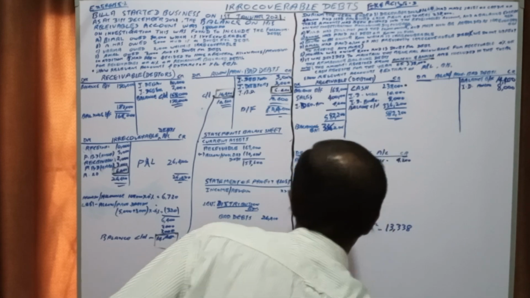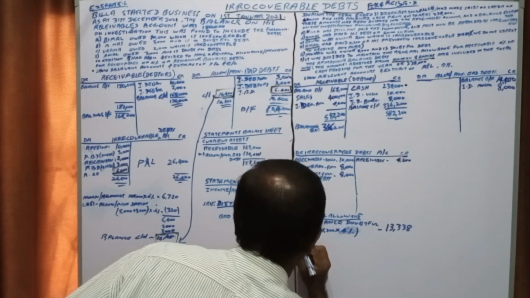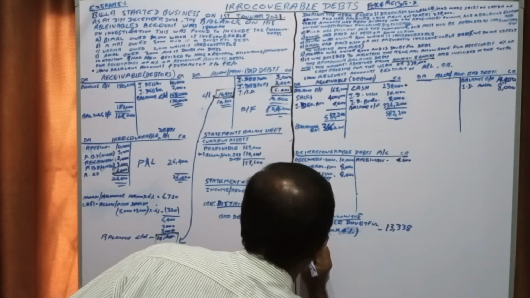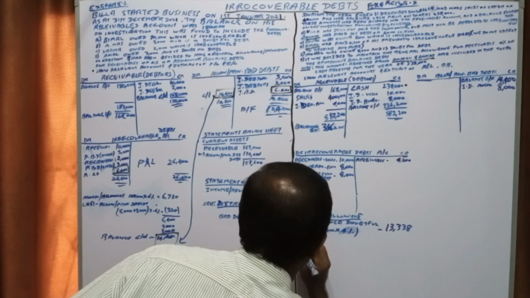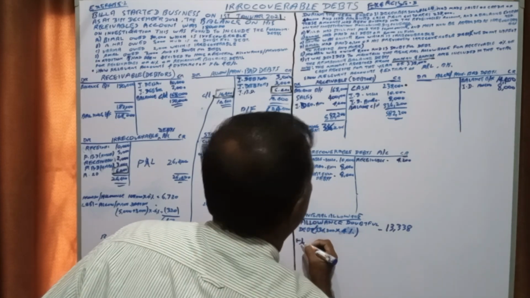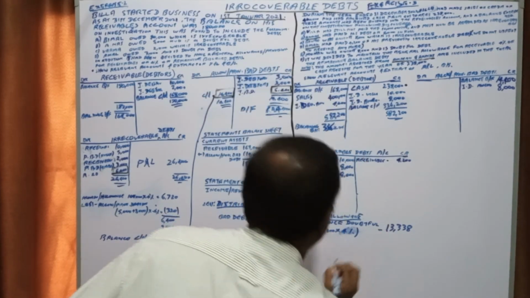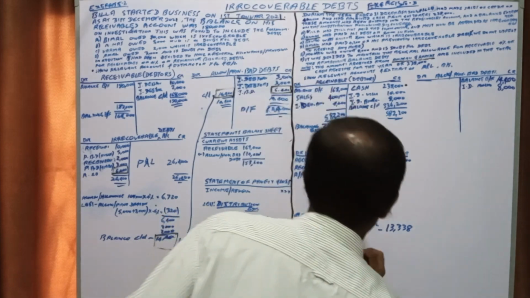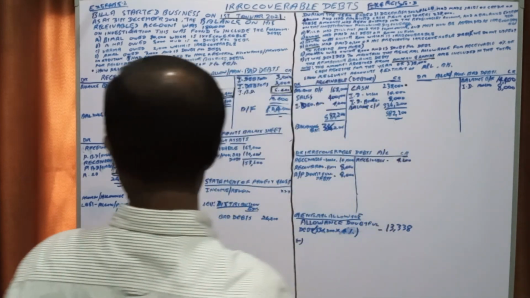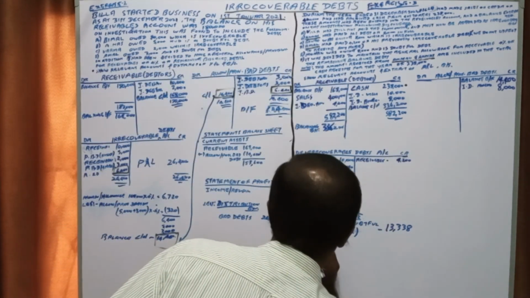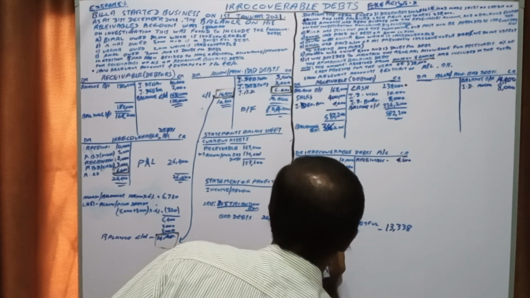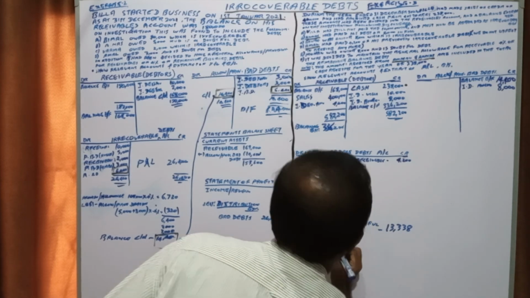Right, specific allowance. Remove 8,000. Allowance on 8,000, removal of writing of 8,000. Writing allowance for Mohan.